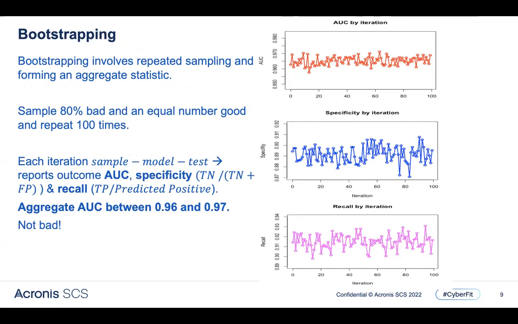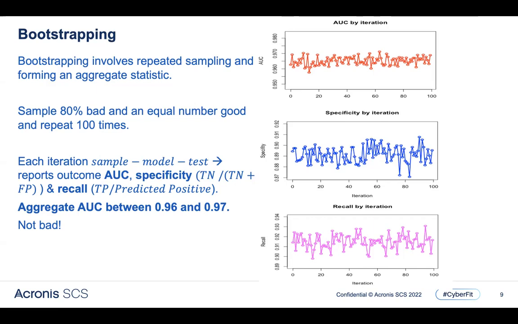Bootstrapping was introduced by Brad Efron more than 40 years ago. It strives to resample from the data, calculate a metric, and somehow smooth it out, like averaging it out, thereby creating a more robust estimate. So we've done it against a sample of 80% of the bad ones.